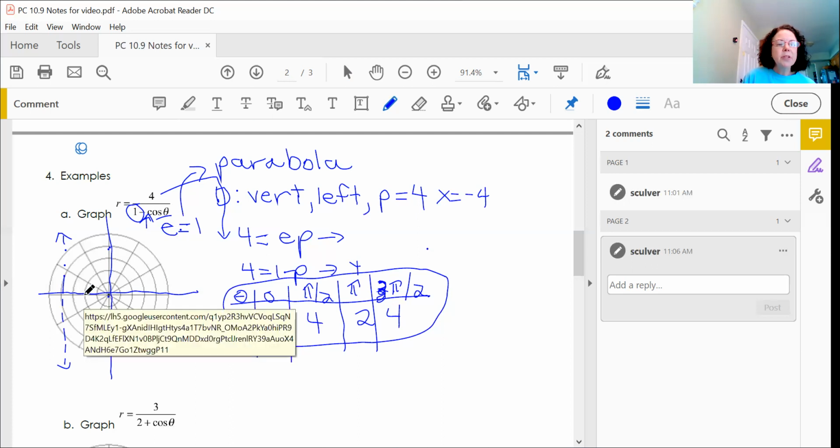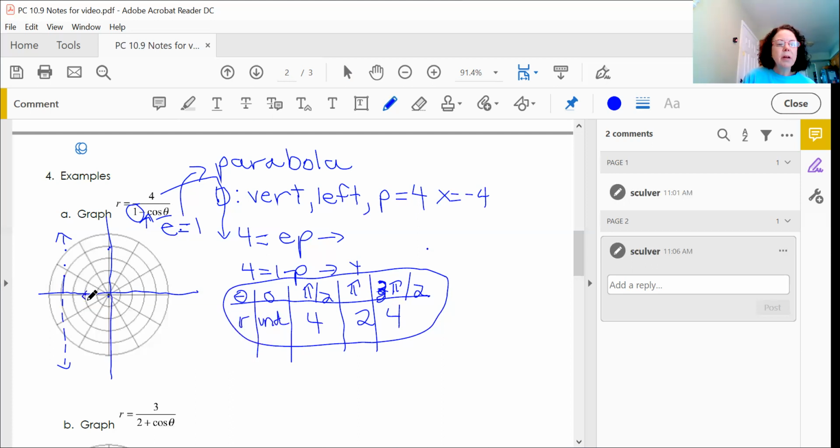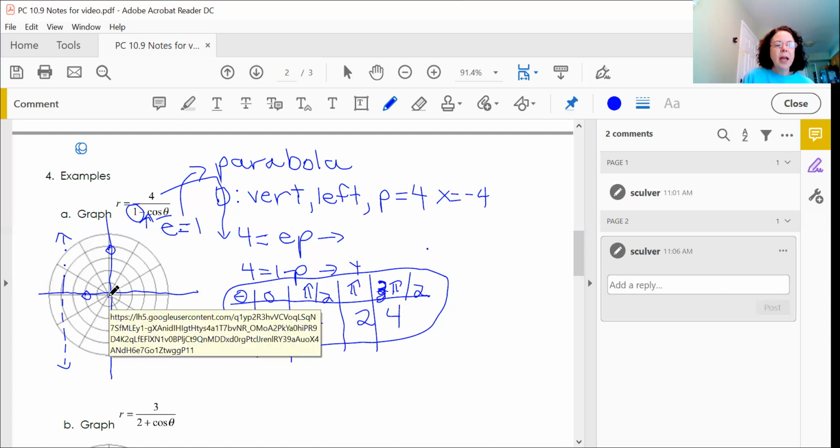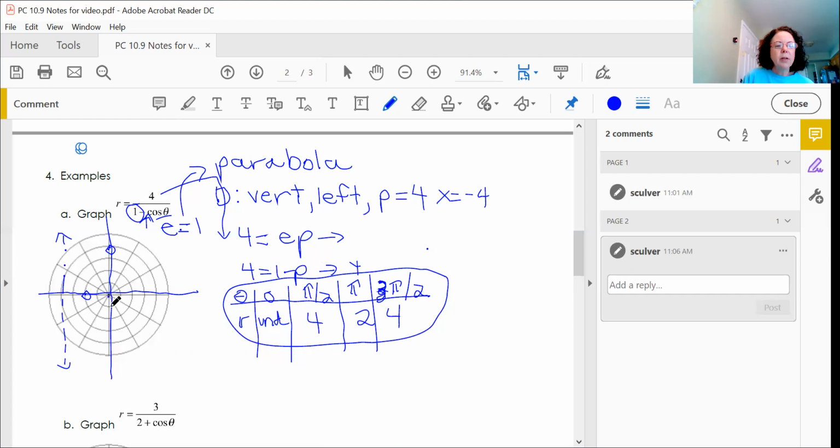Pi in a radius of 2 would be here. There we go. Make better points there. And then 3 pi over 2 and 4. So let's rotate 3 pi over 2 and 1, 2, 3, 4. There we go. So our parabola goes through these 3 points.